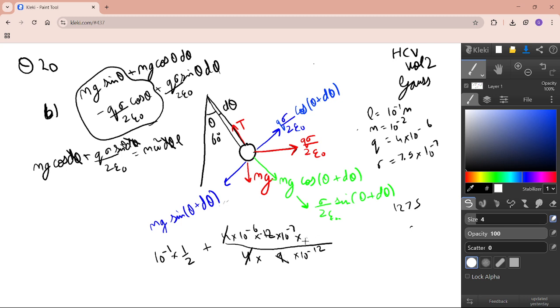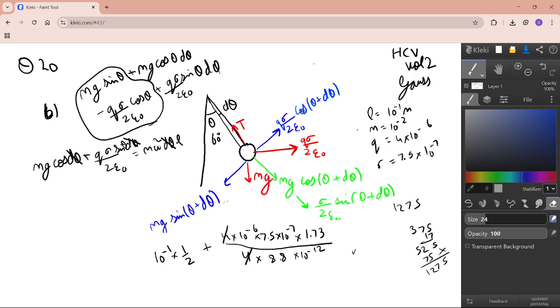No, I think I'm getting the wrong answer. Wait a sec. I think I've approximated too much. 4 into 10 power minus 6 is 7 into 3 by 2. It's 12.75. It should come out here near to 1.7. It's not.